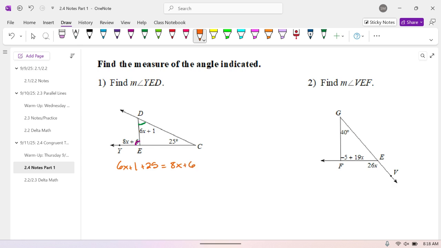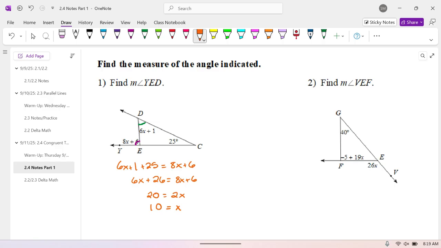I want to do this quickly because I know y'all can solve a multi-step equation. So this will be 6x plus 26 equals 8x plus 6. Subtract the 6x to one side, the 6 to the other side. So we get 20 is equal to 2x. So x is equal to 10. Now, it asks us to find angle YED.